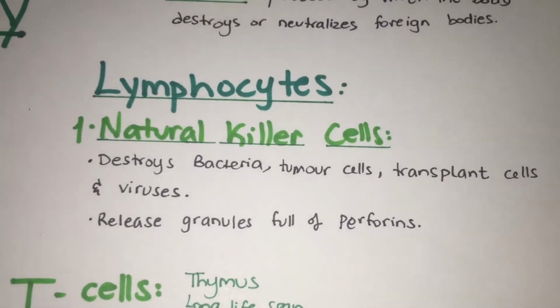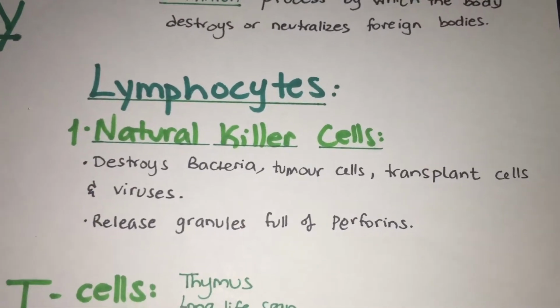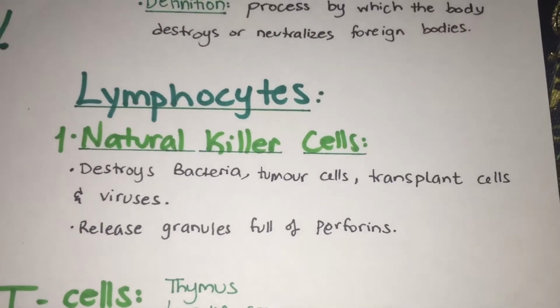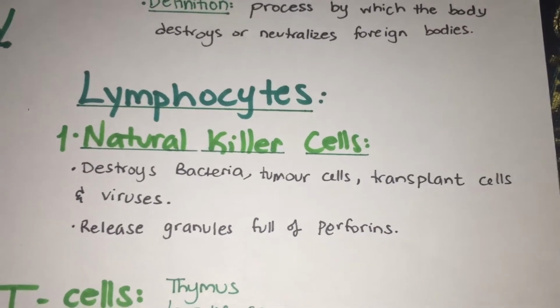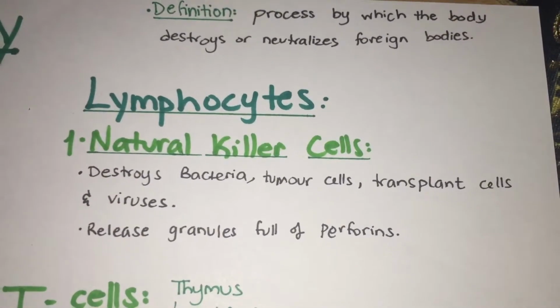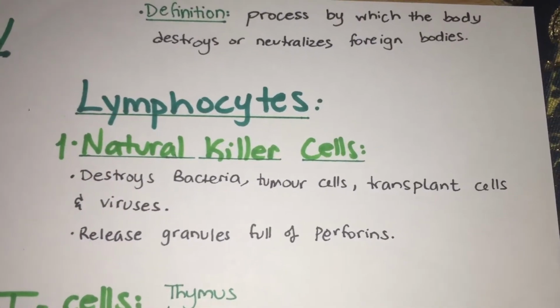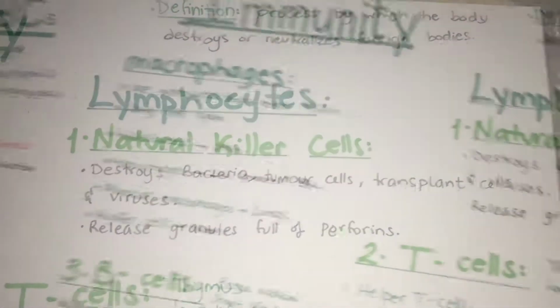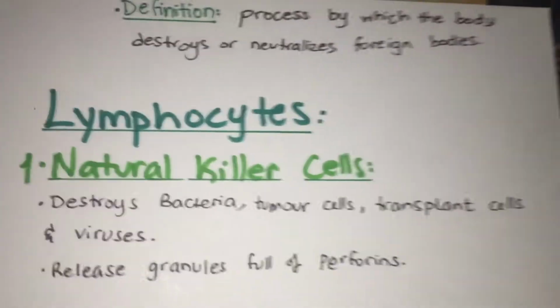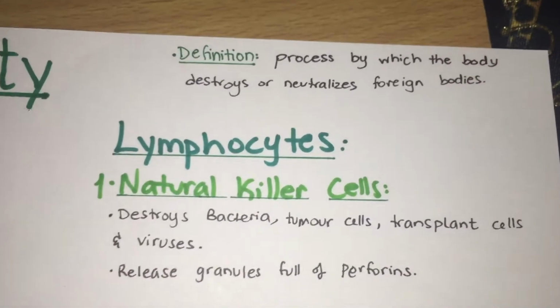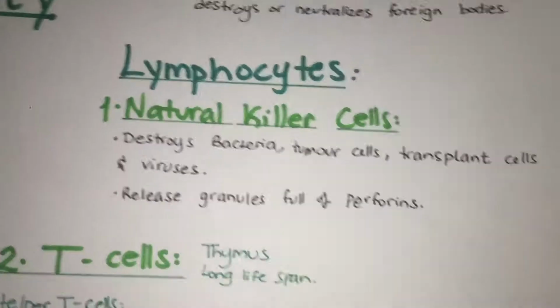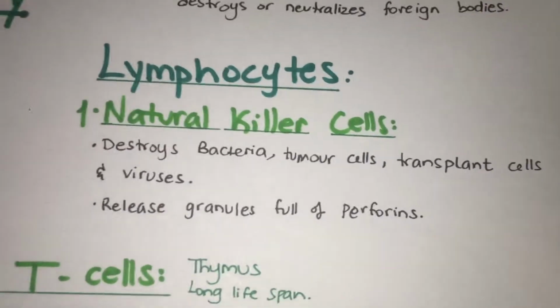The way they destroy these cells is by releasing granules full of perforins. Perforins perforate the cell membrane and kill the cell from the inside. Another thing you need to know about natural killer cells is that they kill substances which have low major histocompatibility complex. I'm going to be talking about what this MHC is.